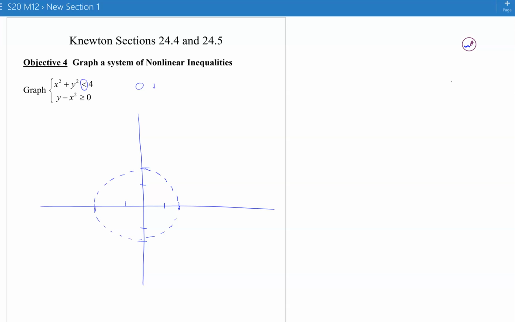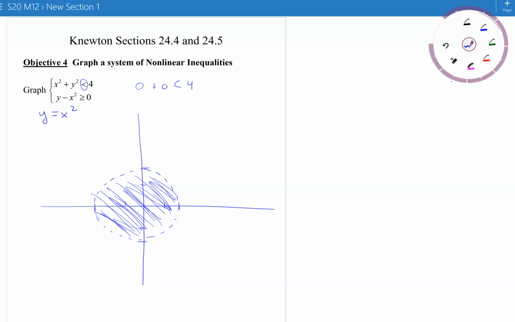And then 0, 0 is true, so I want to shade the interior of the circle. And now I want to know where I should graph y equals x squared. Oh, that is the parent graph parabola. And this is solid.